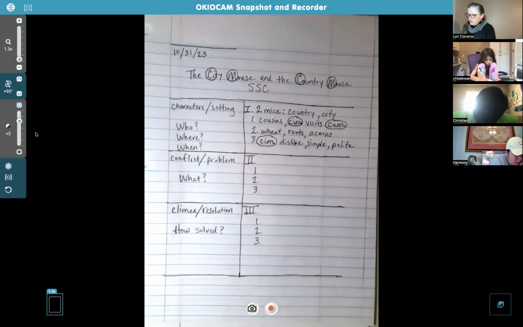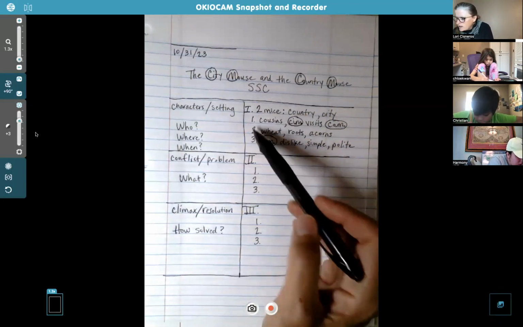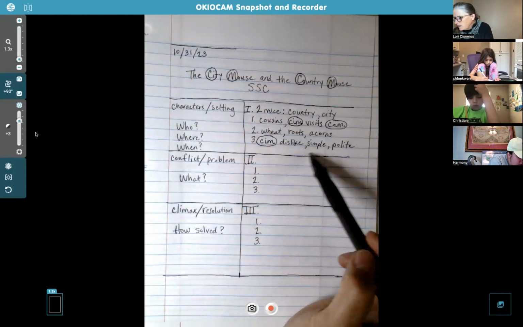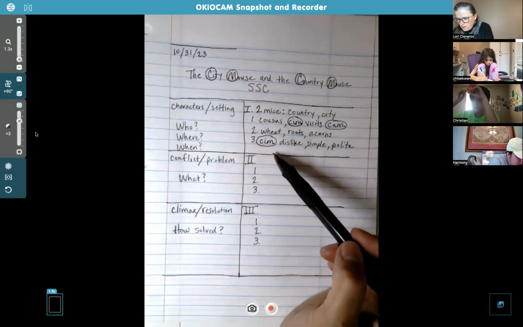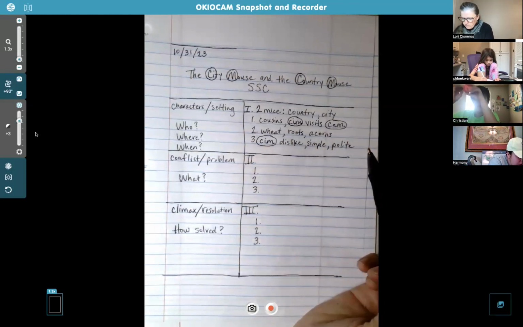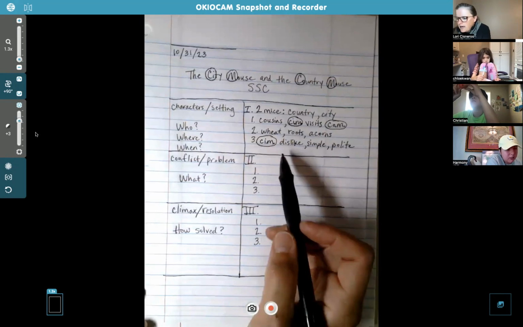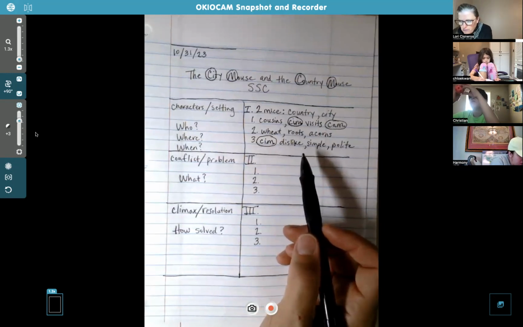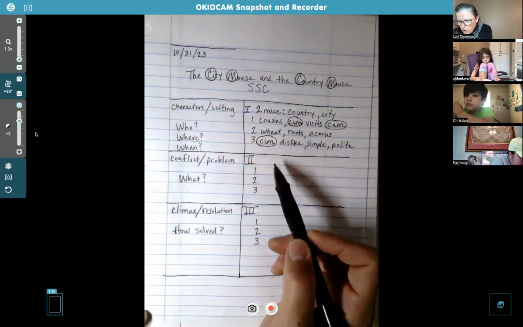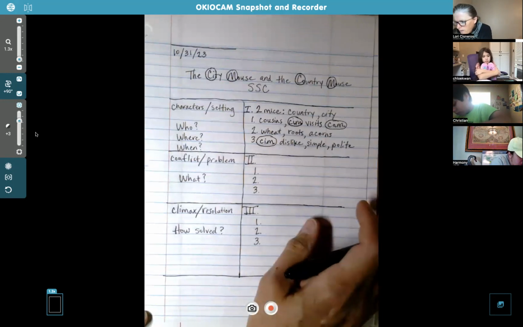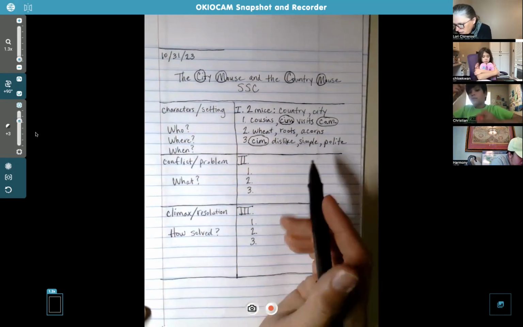So going back to this story about the city mouse and the country mouse, we'd already talked about the characters here, and we talked about how the city mouse didn't really like the simple food that the country mouse served. So then after that happened, remember they went to sleep and then they got up the next morning. And then what happened next, Chloe, the next morning?